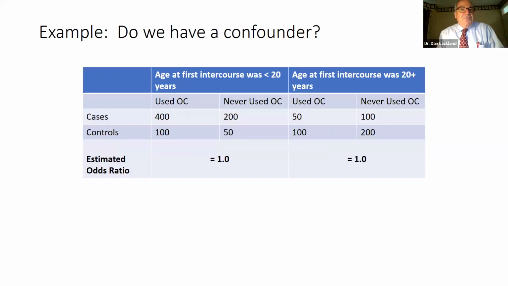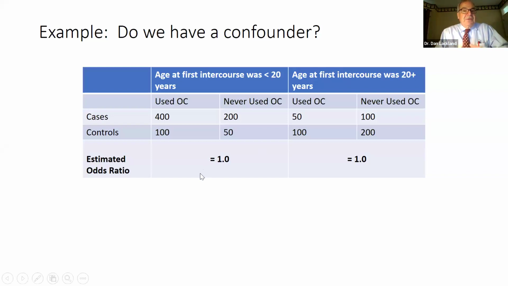But we also want to think about our age at first intercourse. So if we were to take the age at first intercourse, less than 20, age at first intercourse, greater than 20, and calculate that odds ratio, now look what we see. Do we have a confounder?